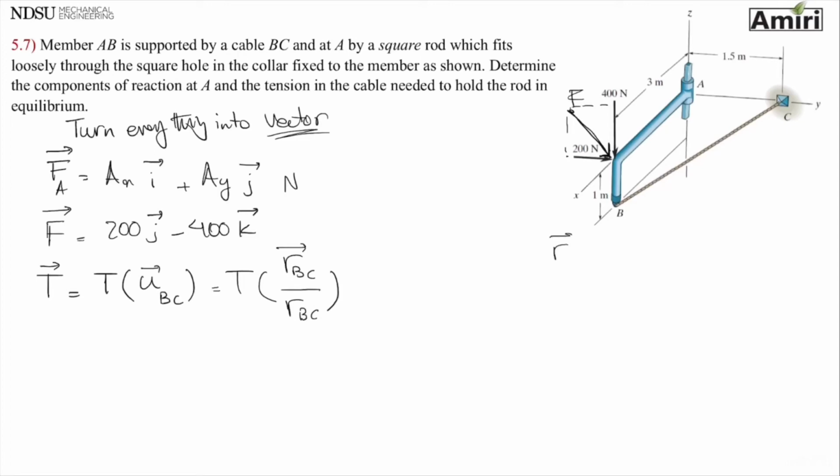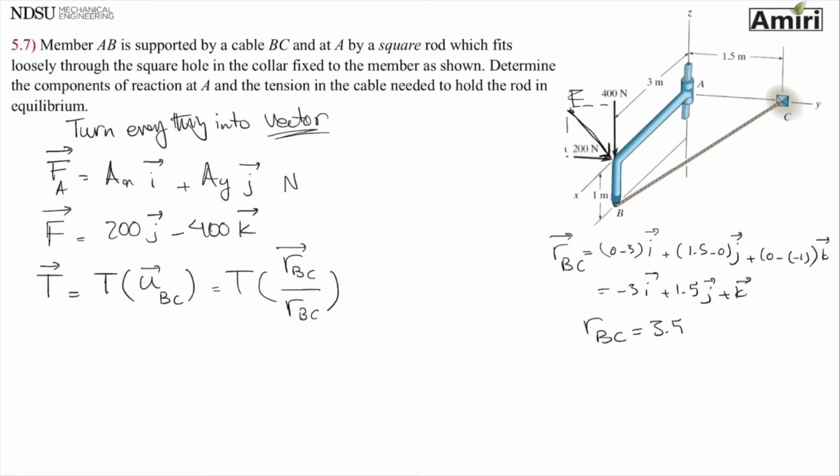RBC, I'll go over these really quick, is going to be coordinates of C minus coordinates of B. So it's going to be 0 minus 3I, 1.5 minus 0, J, 0 minus 1, K. Okay, so that's going to be minus 3I, 1.5J plus K. And position vector BC is going to be 3.5 meters.